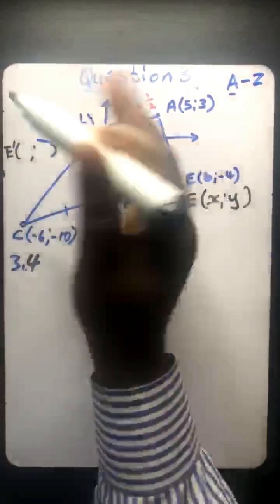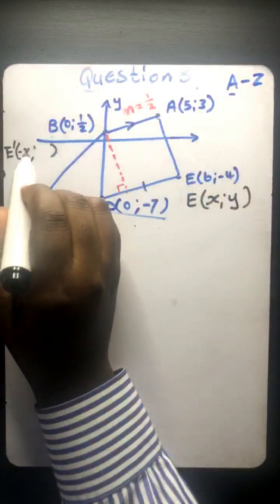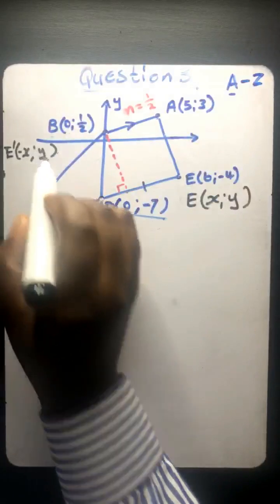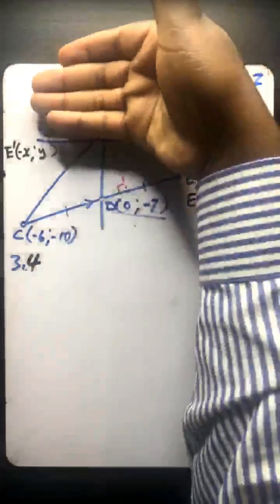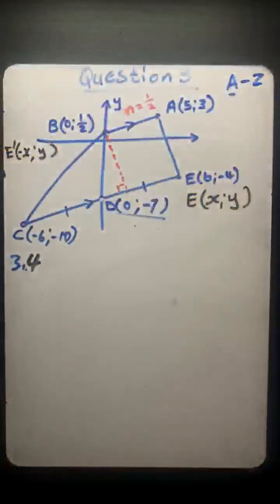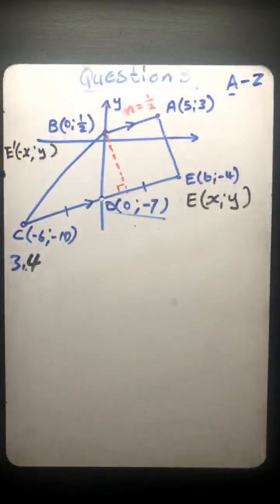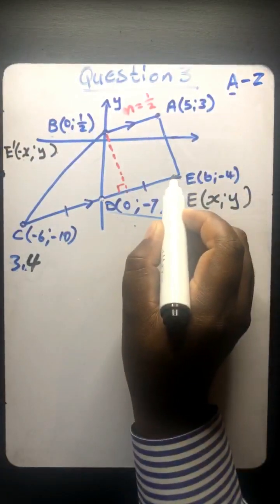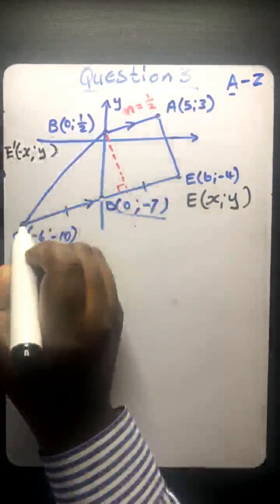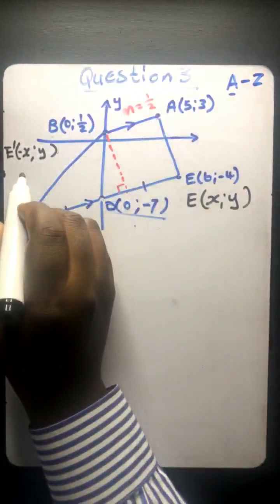If it's along the y-axis, it is X that changes to become a negative. But if it was reflecting about the x-axis, then you know it is the y that changes sign. So that means this point E is actually going to come to this side.